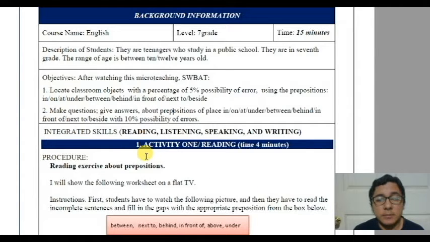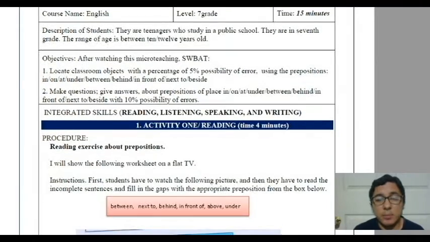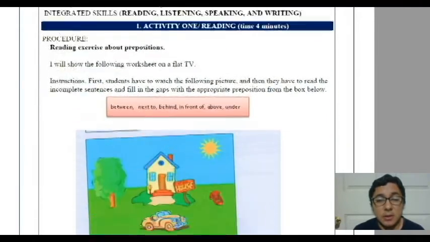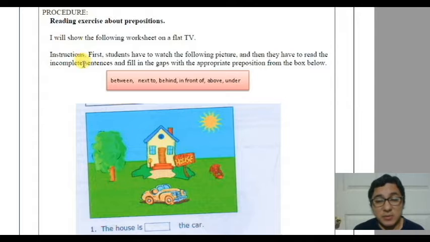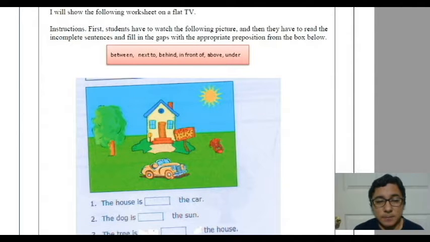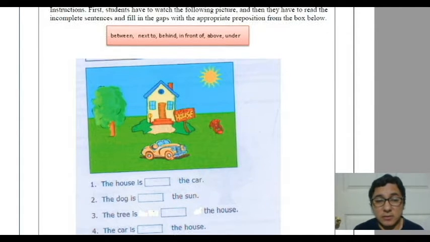Okay, activity 1, reading. For this part, I assigned 4 minutes. Let's continue with the procedure. Reading exercise about prepositions. I will show the following worksheet on a flat TV. And here are the instructions.